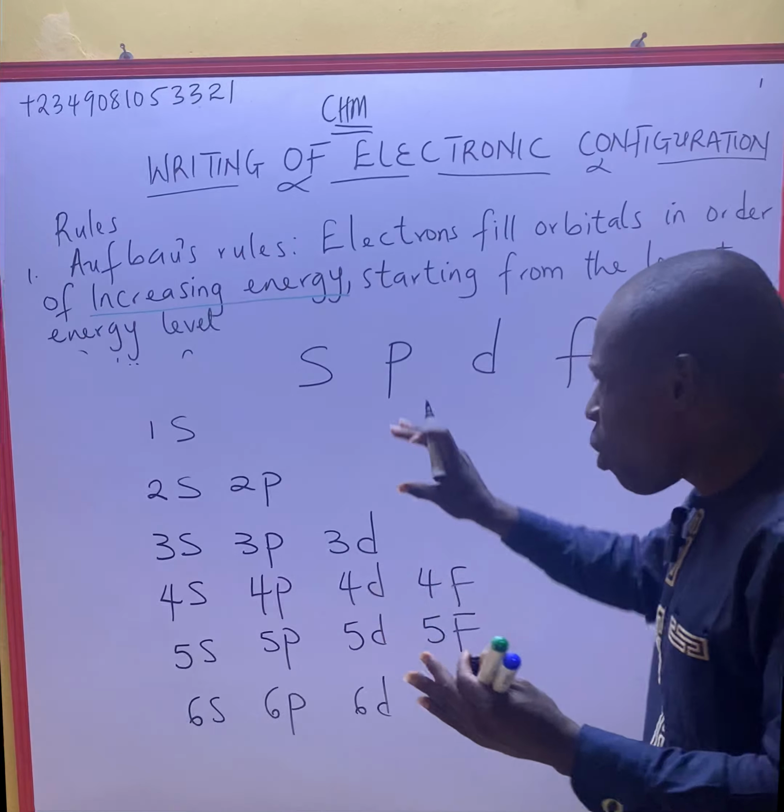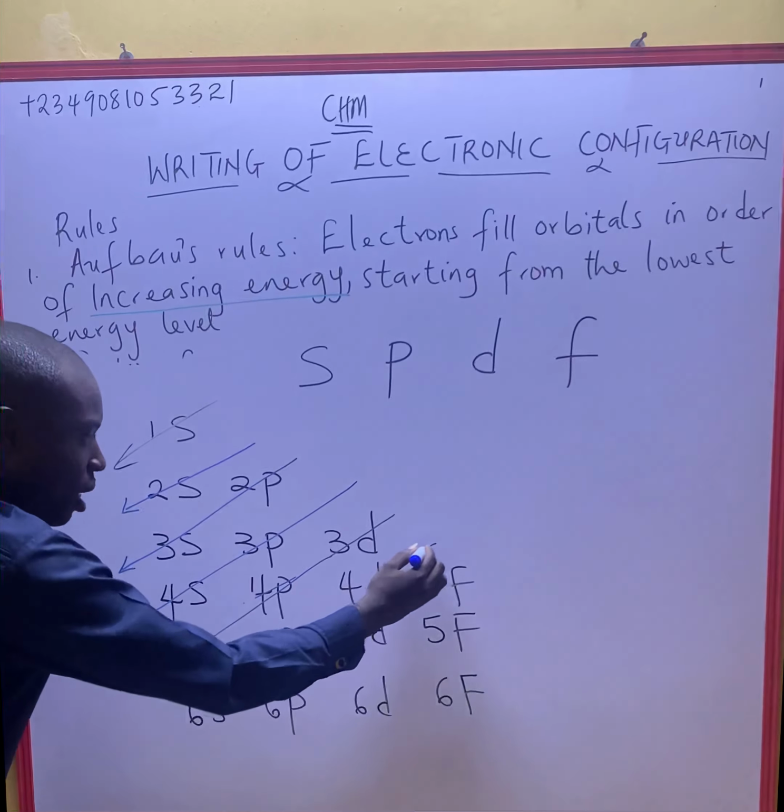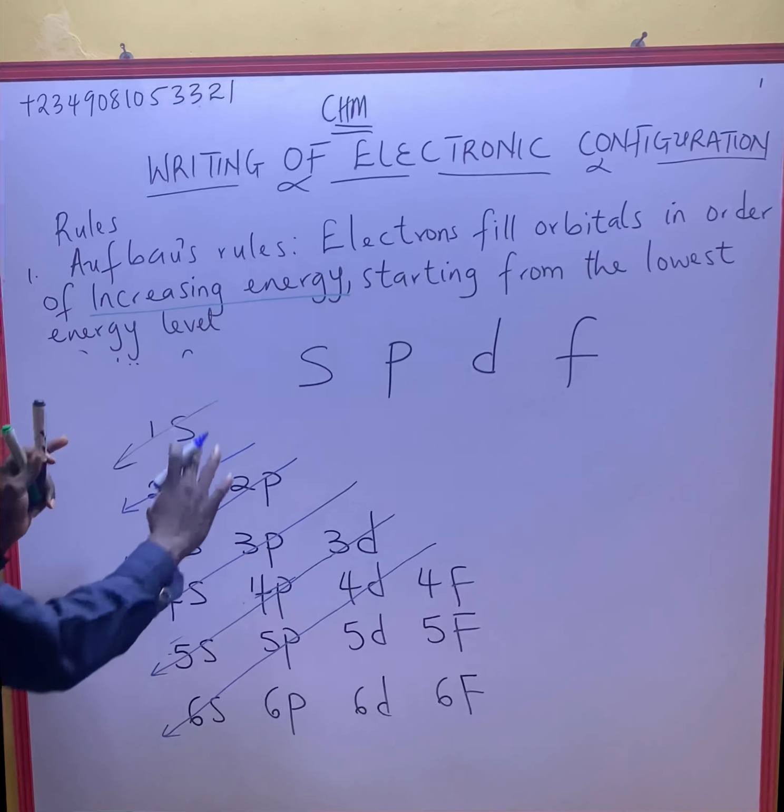Now we come here for 1, and you look at it. See the way I'm moving my hand, like this, come here like this. So let me bring this one out.